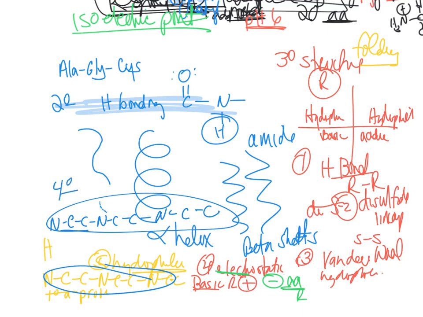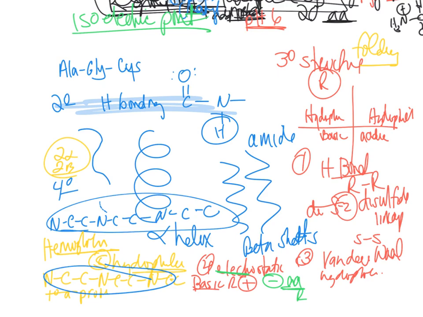Hemoglobin is responsible to carry your oxygen through your blood to your different cells, and it has two alpha units and two beta units. So it has four polypeptide structures that come together to make a functional hemoglobin, and that would be quaternary structure.